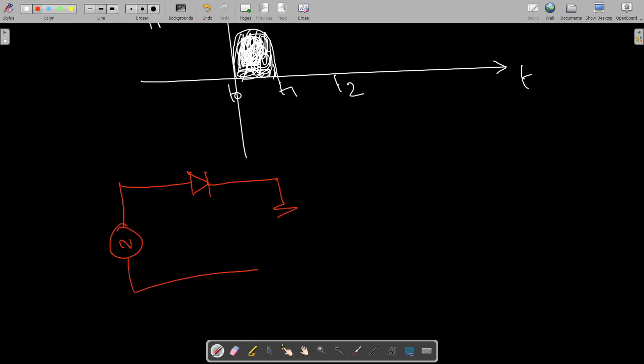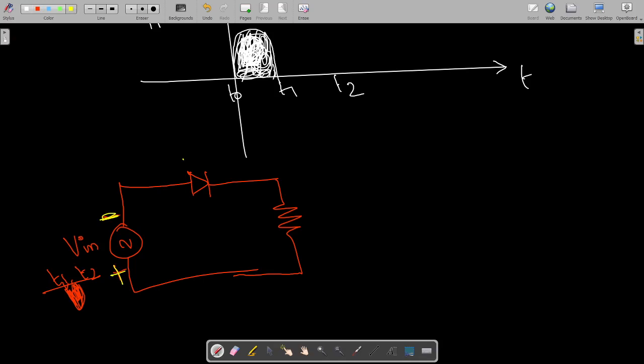This is your load resistance. This is your V input, but at V input, the negative half cycle is appearing, not the positive half cycle. So during this period T1 to T2, this becomes minus and this becomes plus.